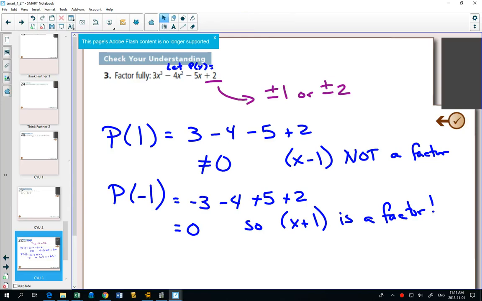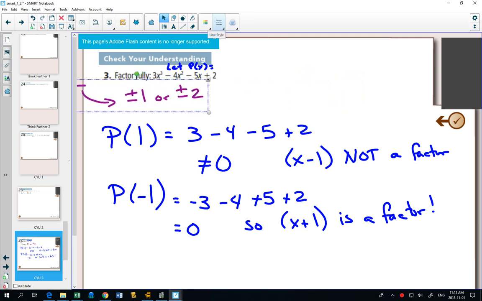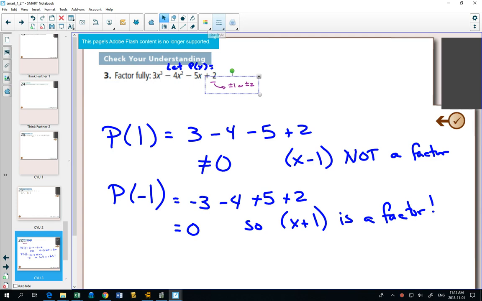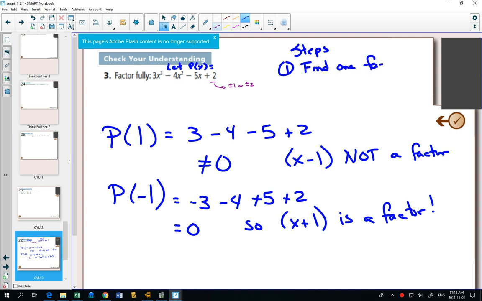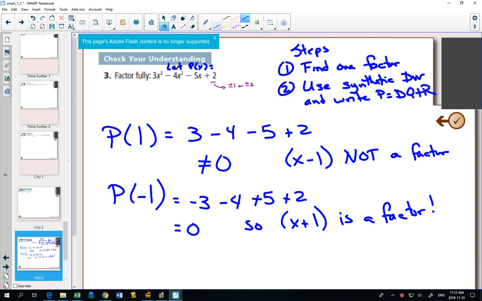If you like writing steps to things, step 1 is to find a factor. And we're going to use synthetic division and write the division statement.